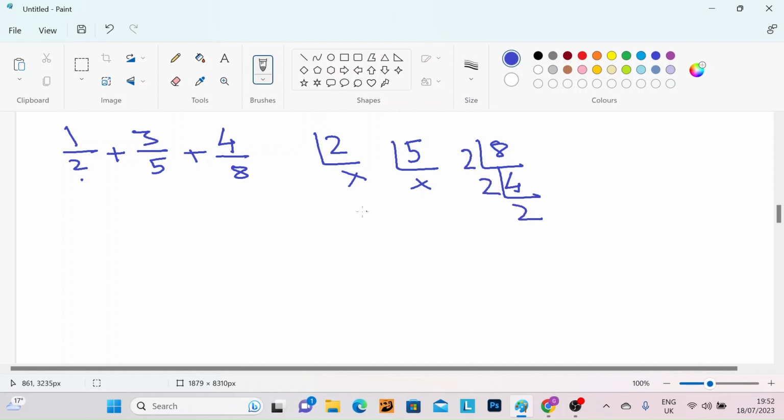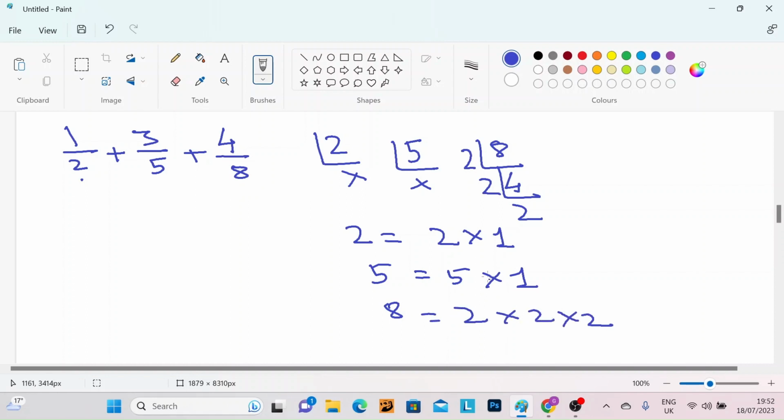So if we write 2 equals 2 times 1, 5 equals 5 times 1, 8 equals 2 times 2 times 2. So these two 2's are common. From these two rows, we get a common 2.